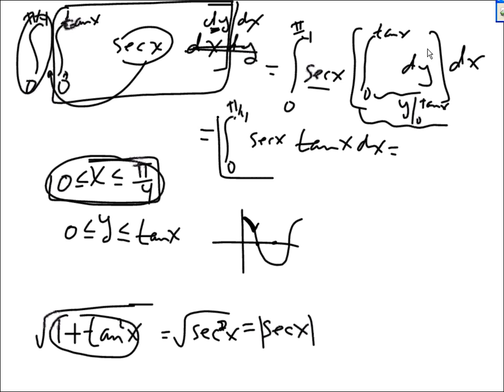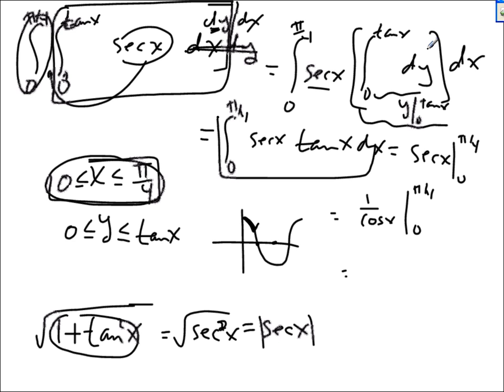But this integral is just secant x. Remember, the derivative of secant x is secant x tan x. So this is just secant x from 0 to pi over 4. Since I hate secants, I'll call it 1 over cosine x from 0 to pi over 4.